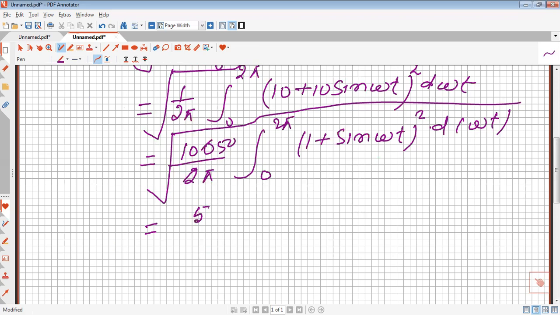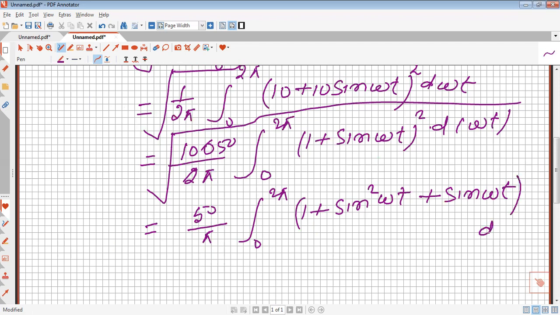So it will be 50 divided by pi, 0 to 2 pi, 1 plus sine square omega t plus 2 sine omega t, d omega t. Then we also have to apply a square root, so power 1 by 2 is put here.